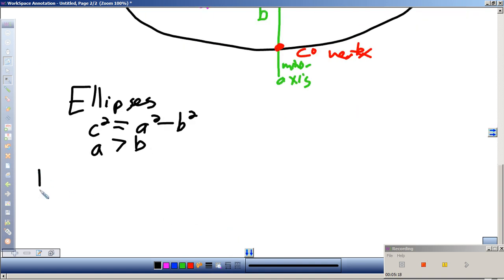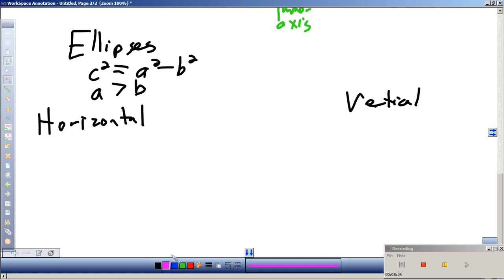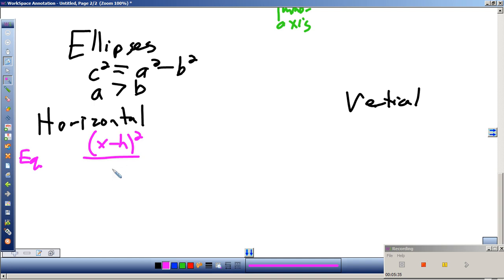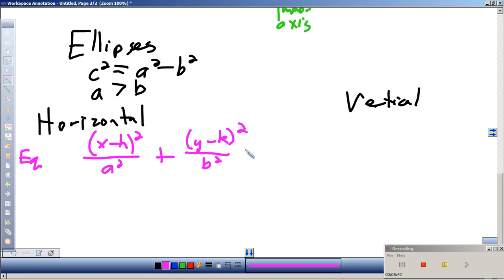So now, horizontal and vertical. First one, your equation. Does that look familiar? Yeah, A squared here and B squared here.